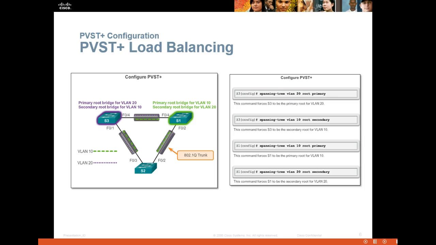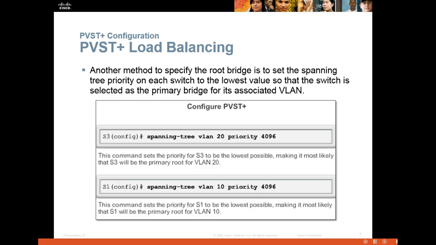That's on switch 3. And on switch 3, you're running VLAN 10 secondary. So it's a backup if it needs it. But down here on switch 1, VLAN 10, the root is switch 1 and the secondary is 2. So it's fairly simple to configure, but you better have a plan in place before you start doing this.